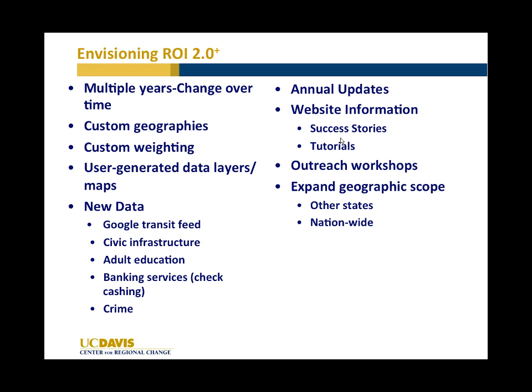In terms of expanding to other states and nationwide, we're particularly interested in working with other groups to do it in other states, partially because many of the data points that we use are from state agencies. If we were to launch this nationwide, then we're limited to using nationwide data that's comprehensive across the whole country.